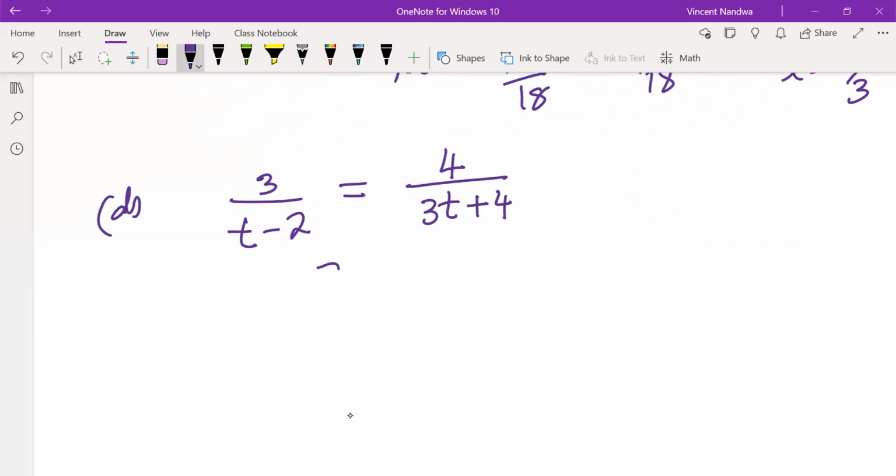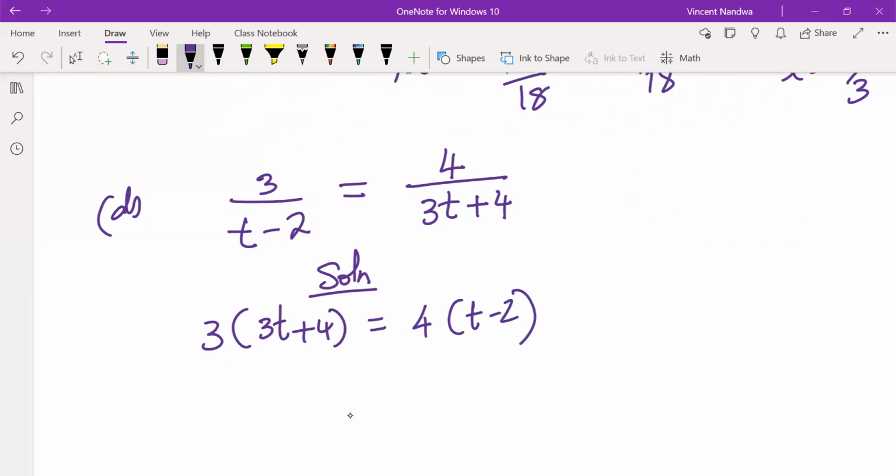So cross multiply. So we have 3 into 3t plus 4 equals 4 into t minus 2. So open brackets. So 9t plus 12 equals 4t minus 8.